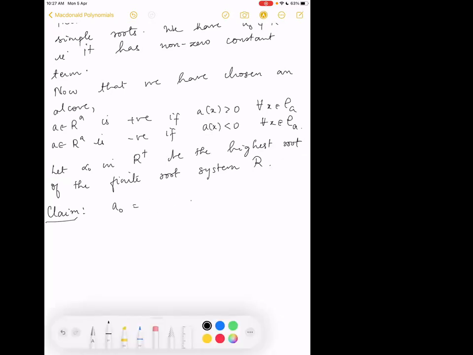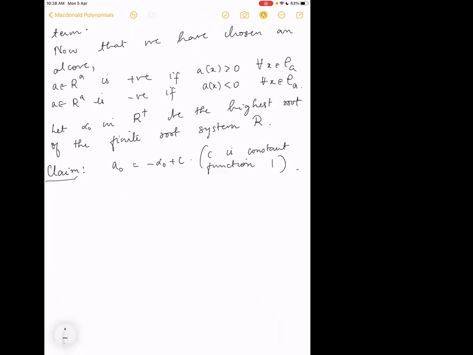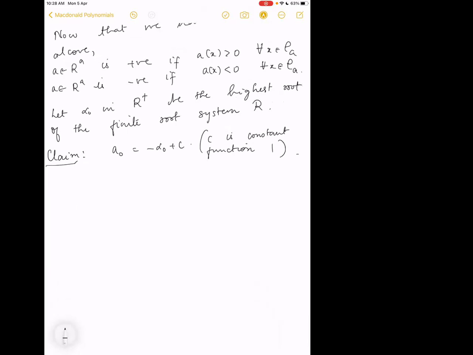A naught is minus alpha naught plus C, where C is this constant function equal to 1. To see this, I will not fully prove it, but I think it is not difficult to prove.